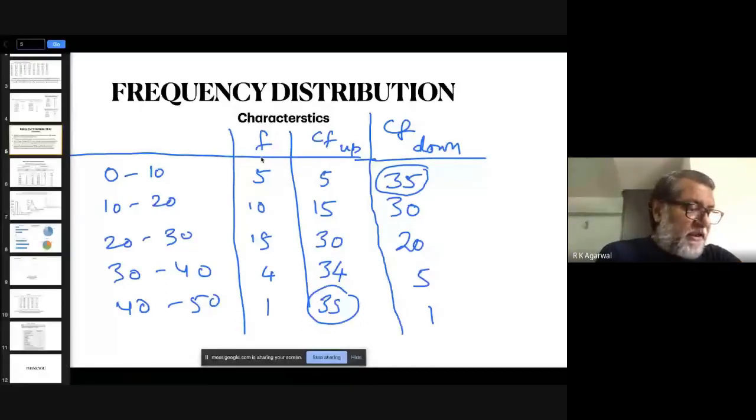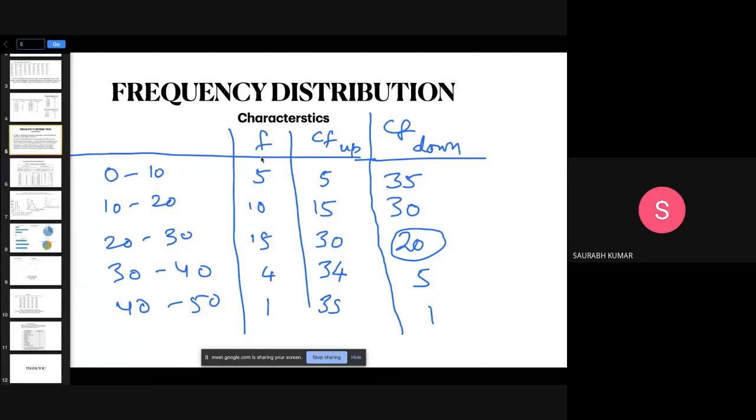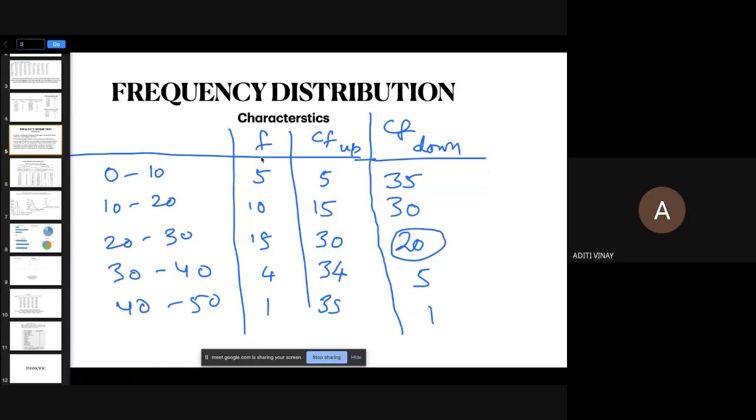Now, what is the interpretation of this 20? There are 20 people who are more than 30 and less than 50. No, more than 30 and less than 50.